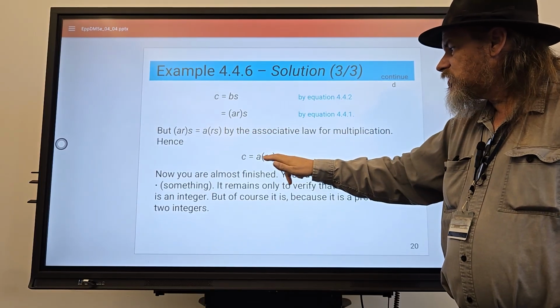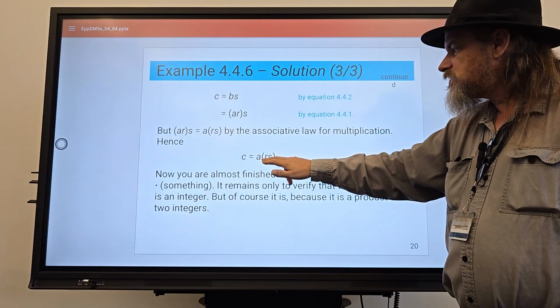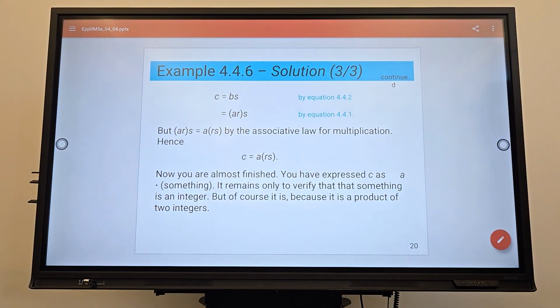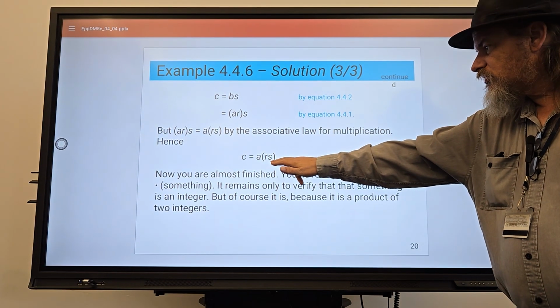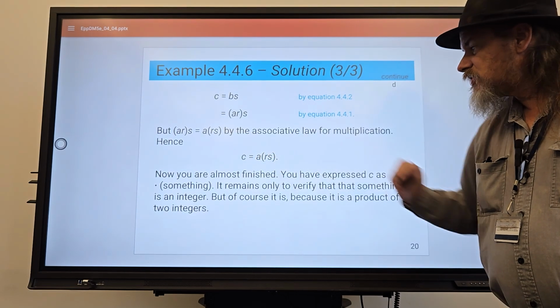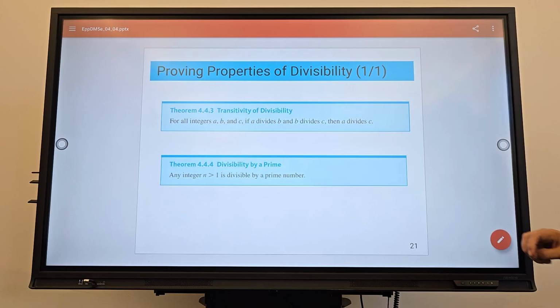By the associative law, you can change the parentheses to be a times the quantity rs, and because r and s are integers, this is an integer, so c equals a times some integer. So for theorem 4.3.3, for all integers a, b, and c, if a divides b and b divides c, then a divides c.